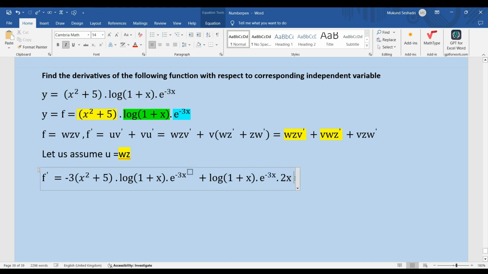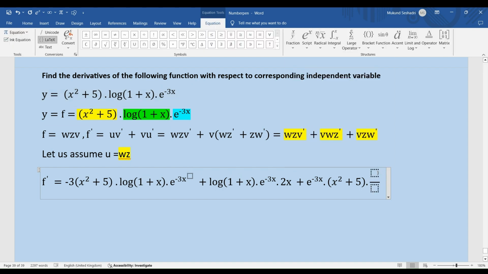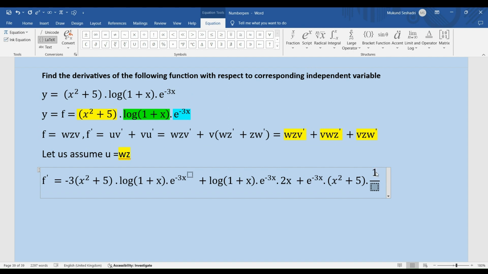And now we go to the third expression, which is my v z w dashed, right? e to the power minus 3x into x squared plus 5 written as it is, which is my third function and first function. And then I do a differentiation of w dashed, which is d by dx of log of 1 plus x, which is nothing but 1 by 1 plus x, right? And why is that? Because my d by dx of log of x is 1 by x.